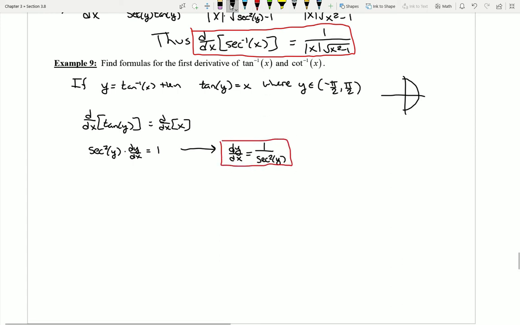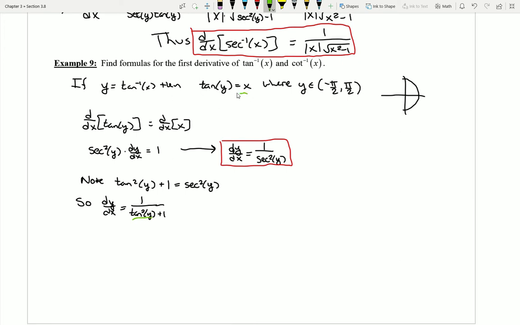And so again, I have a derivative formula here, but I'd like to get this in terms of x. And so to do this, you could note another trig identity. Remember, we had the identity that the tangent squared of y plus 1 was actually equal to the secant squared of y. So I can actually use this identity to replace what I have. So I can say dy dx is equal to 1 over the tangent squared of y plus 1. And so now this is an update, but I still want to get this all in terms of x, and so I need to get rid of this tangent of y.